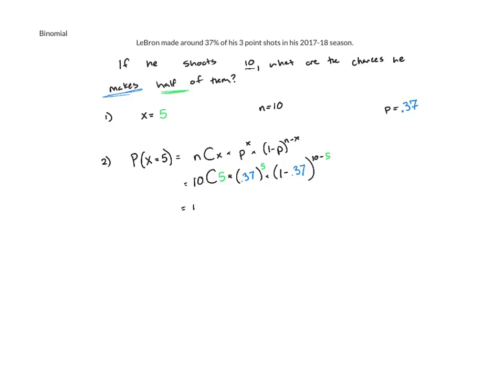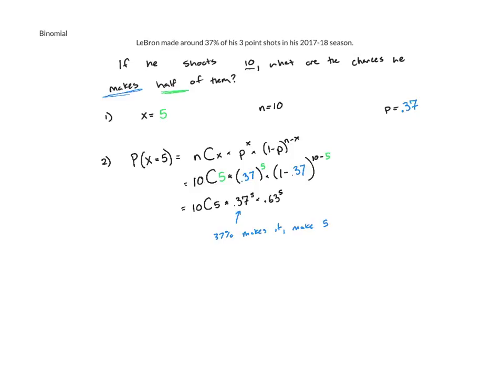And I'm going to go ahead and simplify it so we can talk about it. This will be 10 choose 5, times 0.37 to the 5th power, times 0.63 to the 5th power as well. Now, this part right here makes sense because there's a 37% chance he makes it, and we want him to make 5, which is why we have 37% to the 5th power.